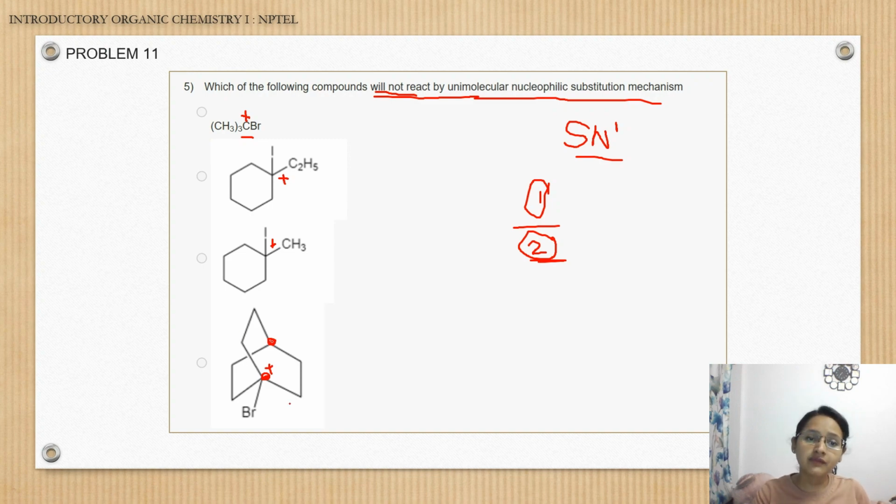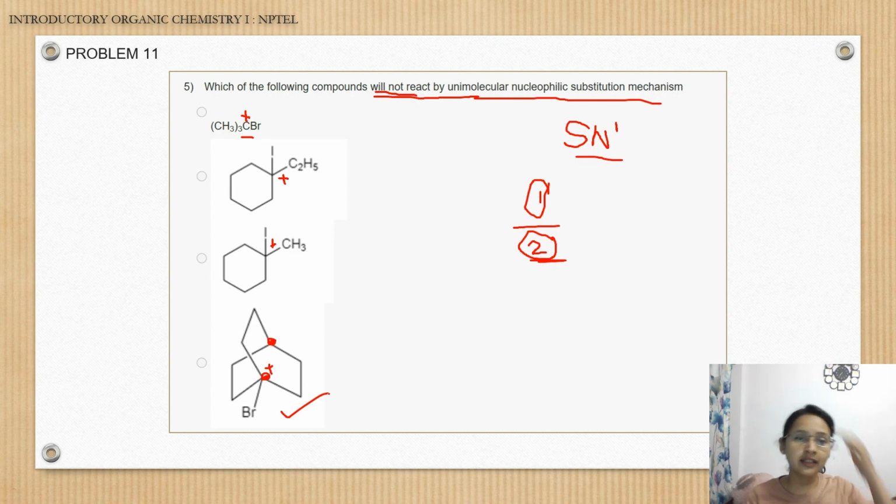So it is never going to afford you the SN1 reaction mechanism, right? Because the carbocation which is getting generated in the system is least stabilized. That is why it doesn't generate a carbocation at the bridgehead position and doesn't allow the SN1 reaction to take place. Is it clear now?